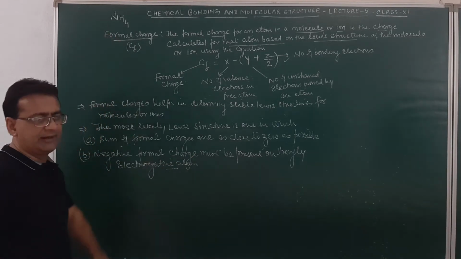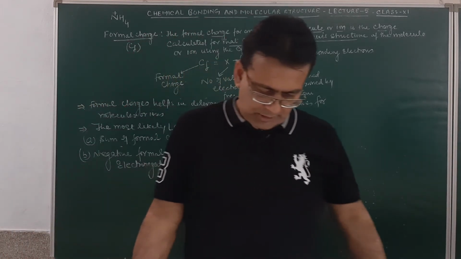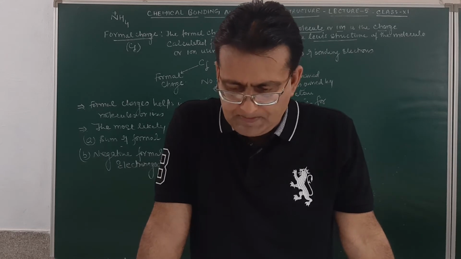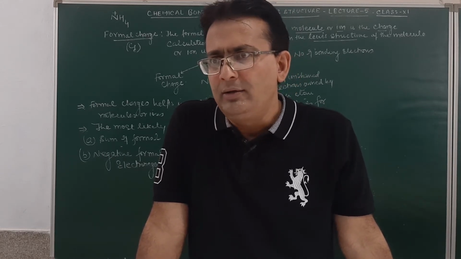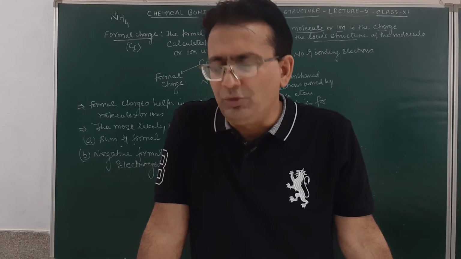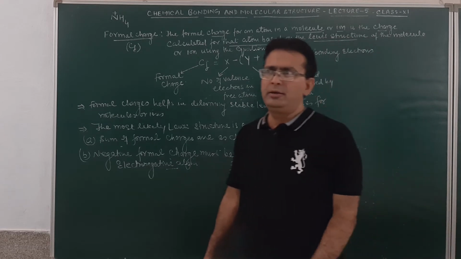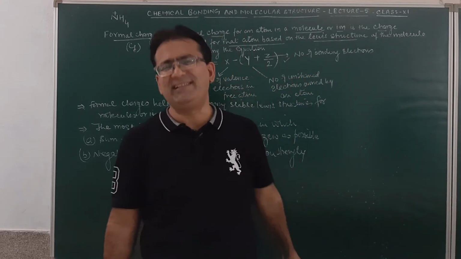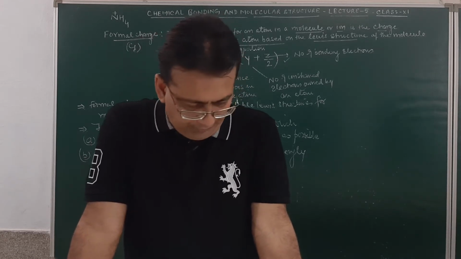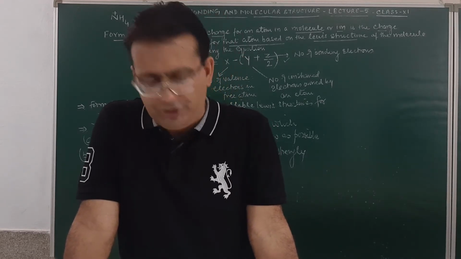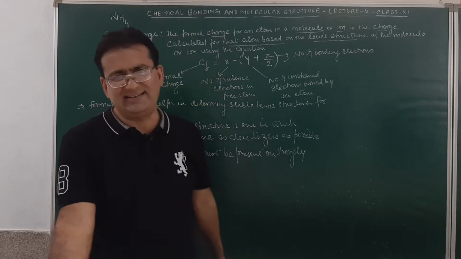Students, here I took an example of the ammonium ion. First of all, I'll explain how we calculate the formal charge. But before I discuss that, you must always remember that the sum of formal charges on the atoms in a molecule or ion is always equal to the net charge on the ion.